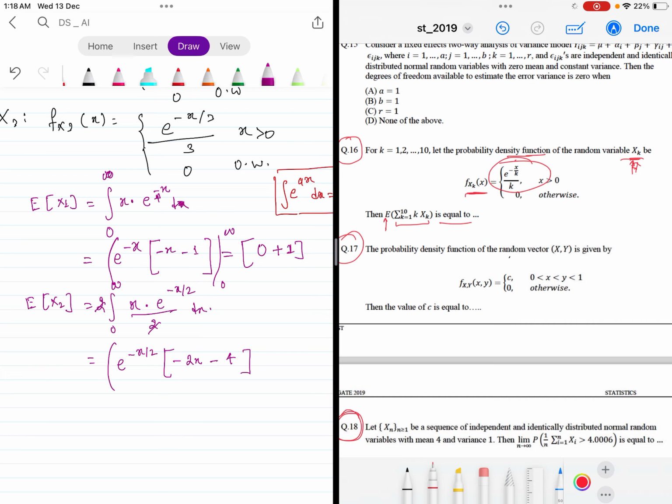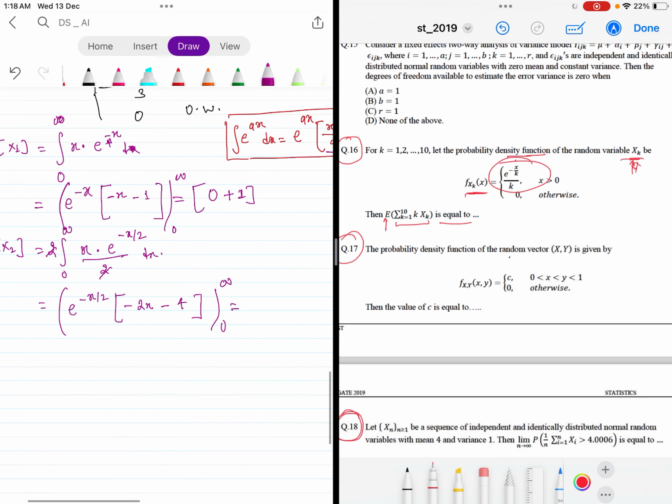And if we put the limit here 0 to infinity, what we are going to get is that infinity will be 0, and here we are going to get 4, right? Plus 4.